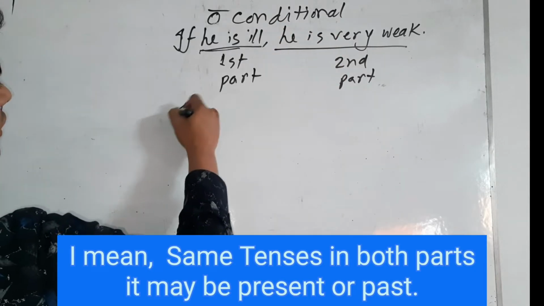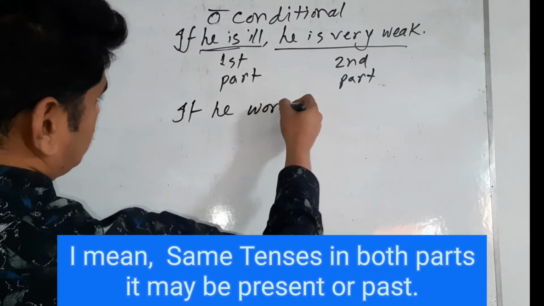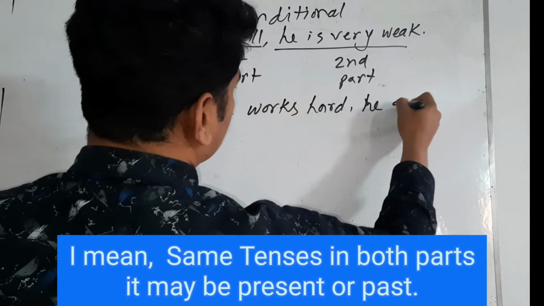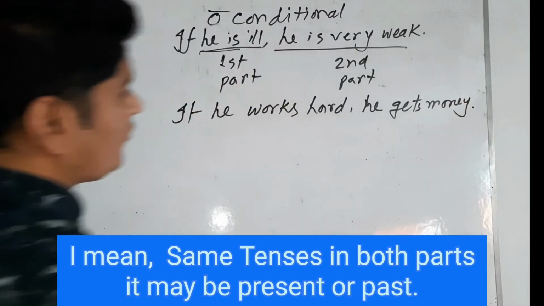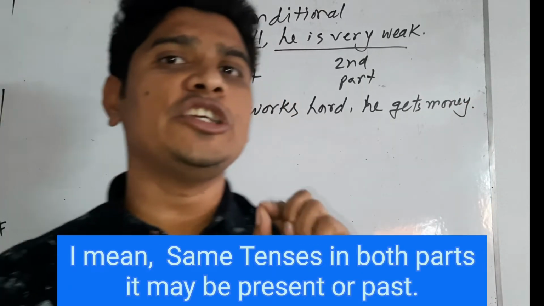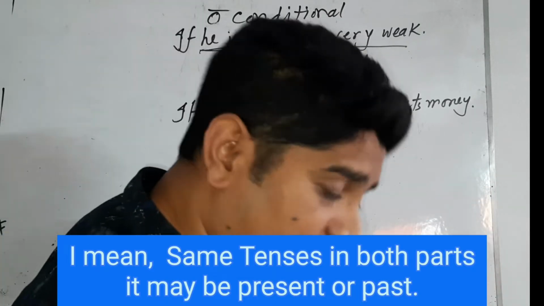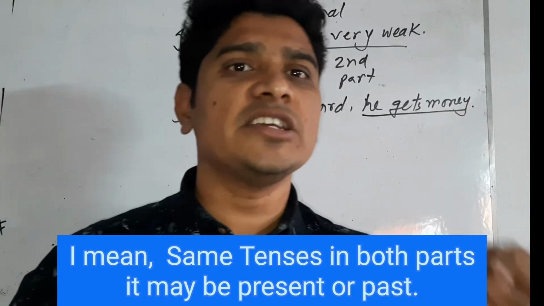Example for you: if he works hard, he gets money. In the zero conditional, you will find present indefinite tense and afterwards present indefinite again. It is a zero conditional.